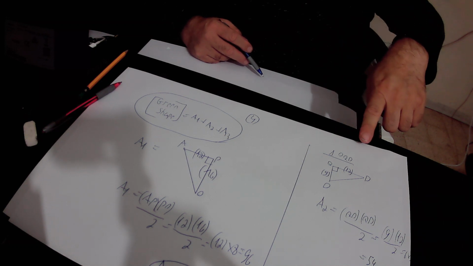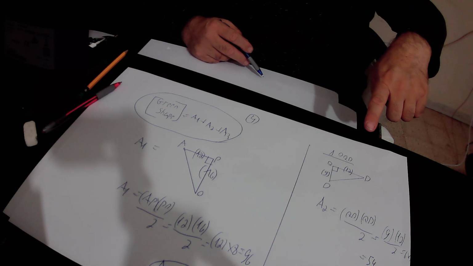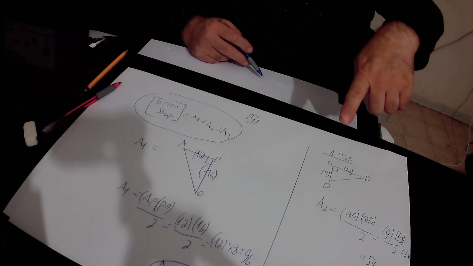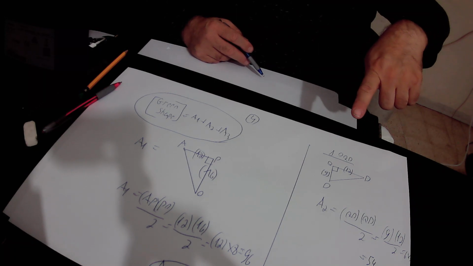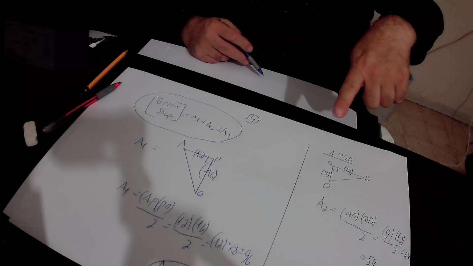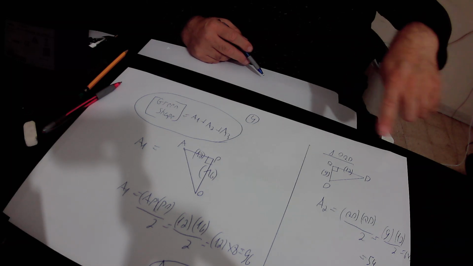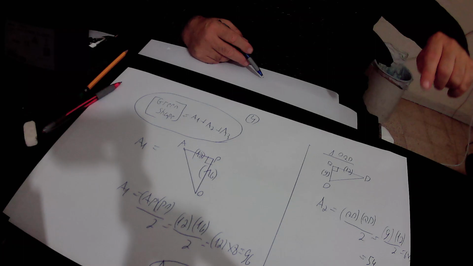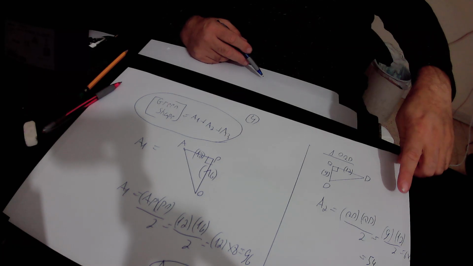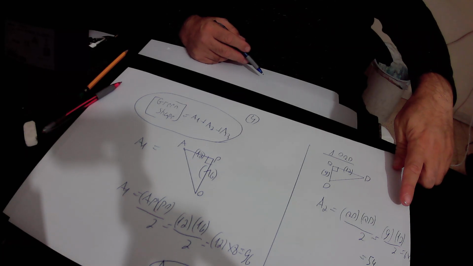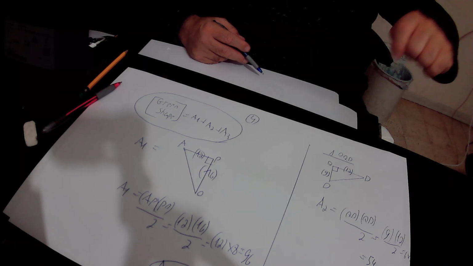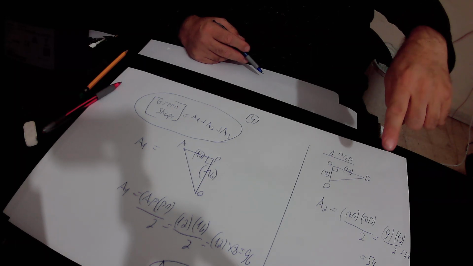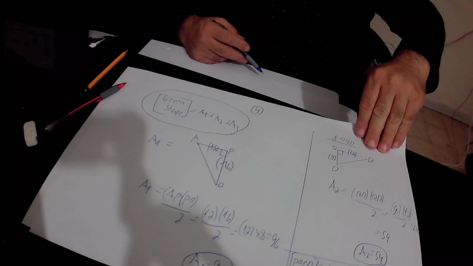So the area of this right triangle QOD equals QD times QO over 2. QO is 9 and QD is 12, over 2. 12 over 2 is 6, so in total this expression equals 9 times 6, that is 54. So we found that A2 equals 54 square units.